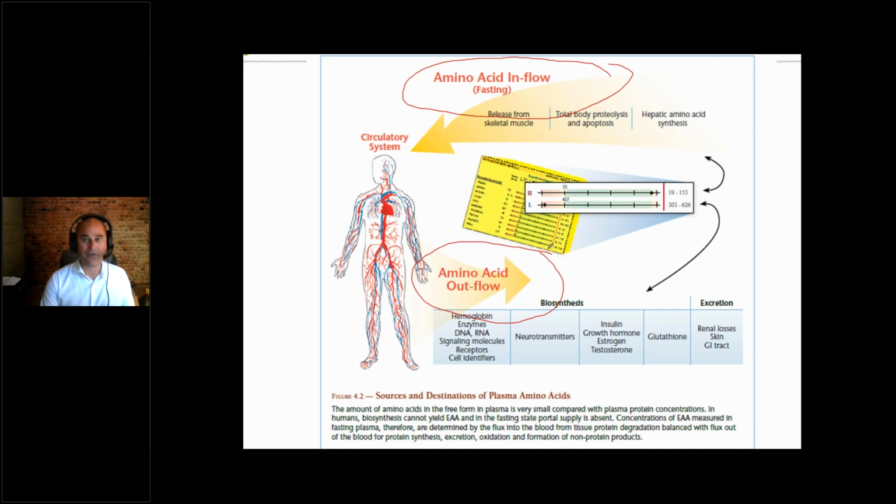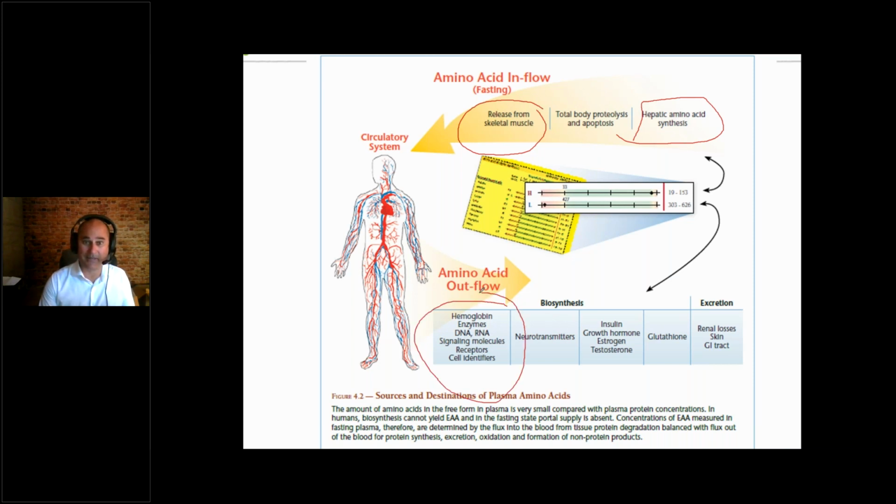So inflow means you're releasing them from skeletal muscle, your liver. Outflow means you're using them to do things. You're making hemoglobin, enzymes, DNA or RNA. You're making neurotransmitters, insulin, growth hormone, glutathione.